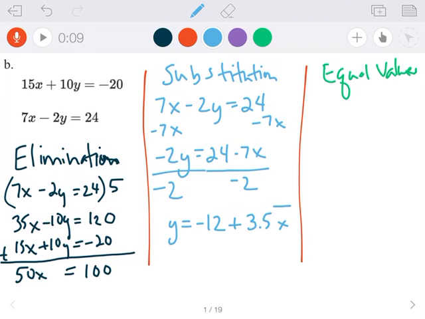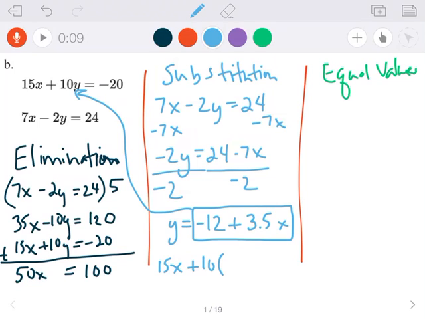What I then have to do to substitute is I have to take this part that's equal to y and plug it into y in this equation. So I'd write it as 15x plus 10 times -12 plus 3.5x equals -20, and then I would solve. So far I'm liking the elimination method better, but let's see.